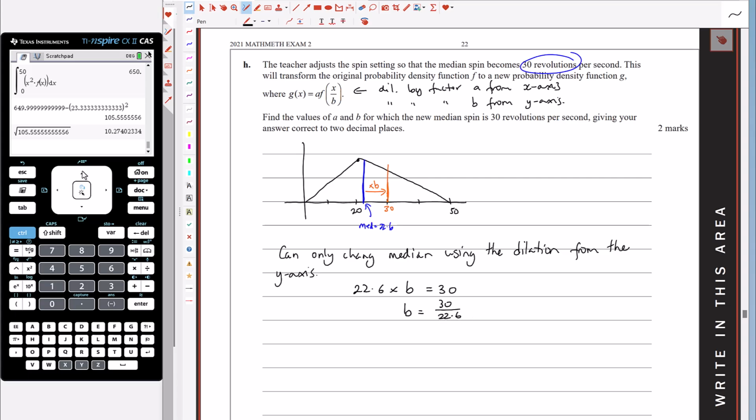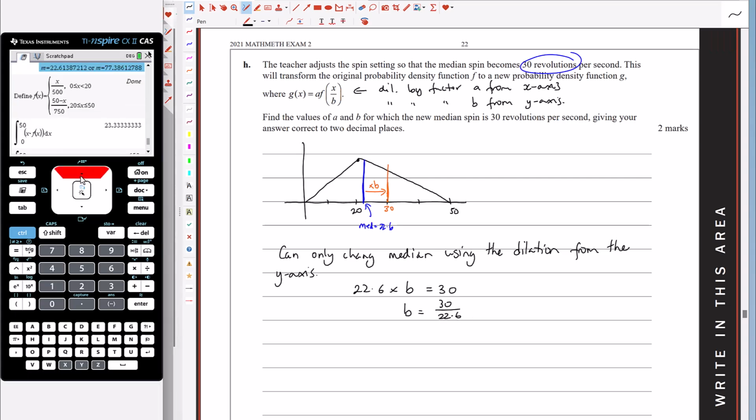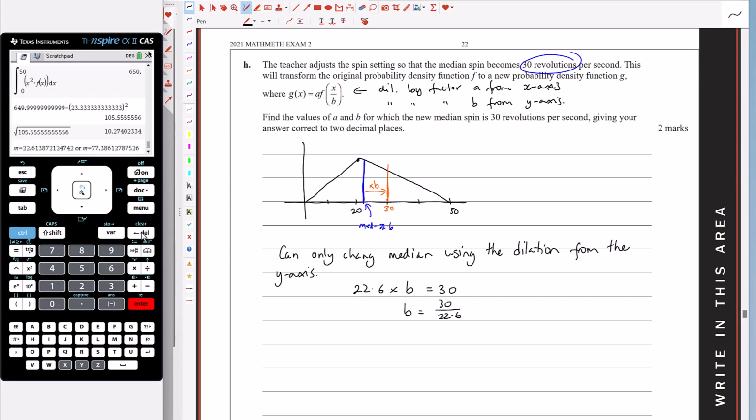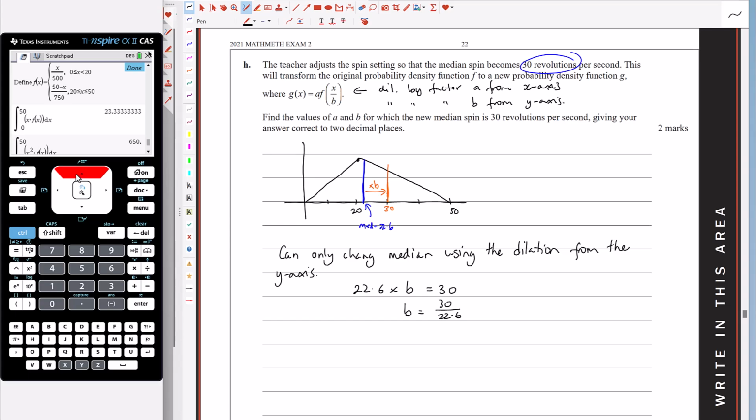I'm just going to get that nice exact median value we had up here though. It wasn't 22.6 exactly. Okay, so let's take that. In fact, let's get it exactly. So let me go back up and do the median calculation again, which was this one. Okay, let me check which one was which again.